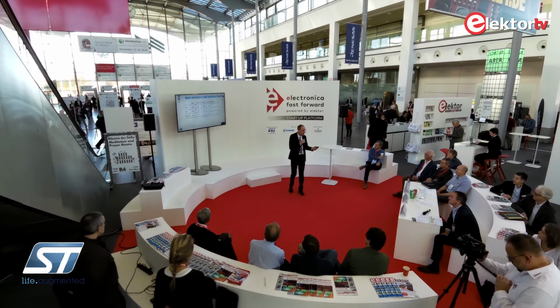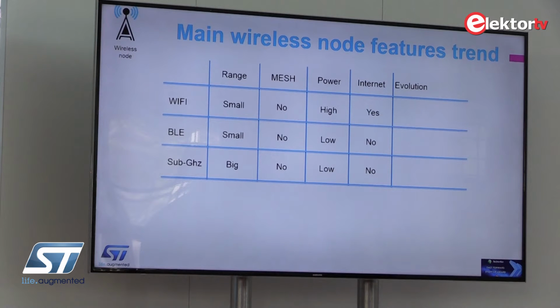The mesh capability, making sure that you can reuse the capability from one device to the other and talk to the other one. The power consumption, is it high or is it low? And the internet access. For all of these 4 KPIs, you can see that the Wi-Fi, BLE or sub-GHz technology will provide various capabilities.